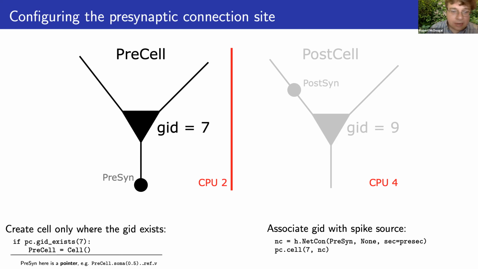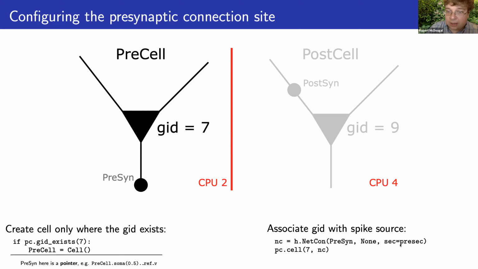Okay, so what I'll do now is say, well, I want to connect a netcon from 7 to 9, but I don't actually own 9, so I can't refer to this postsynaptic object that's on 9. So instead, on the presynaptic side, I'll have a netcon that starts with that presynaptic thing, which is typically going to be a pointer.